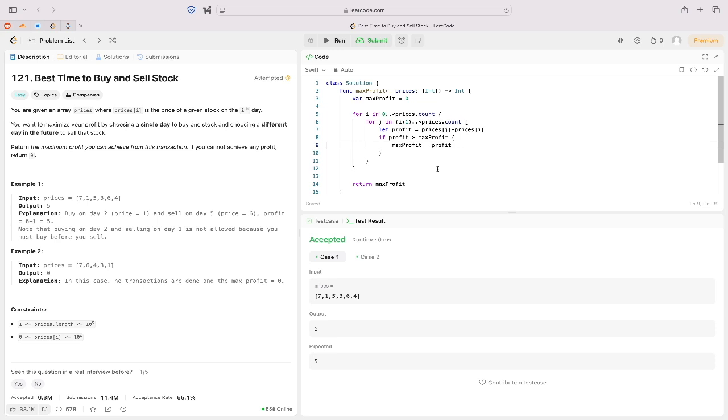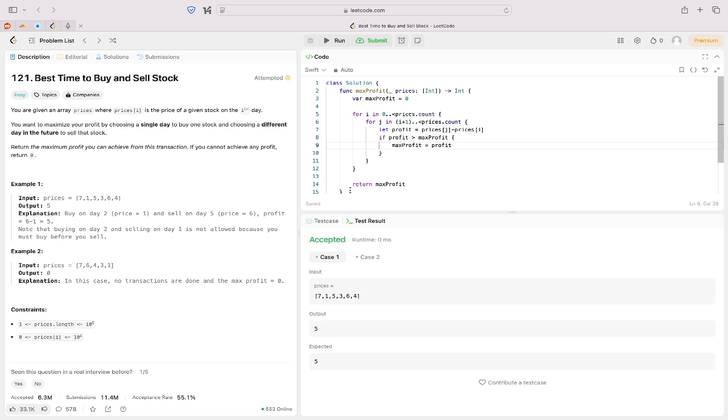We need to keep that. Okay. So this checks every possible selling.